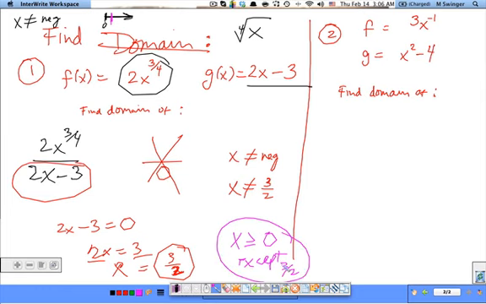There's a domain right there. Or you could say all non-negative except 3 halves. That's the same thing as this right here.